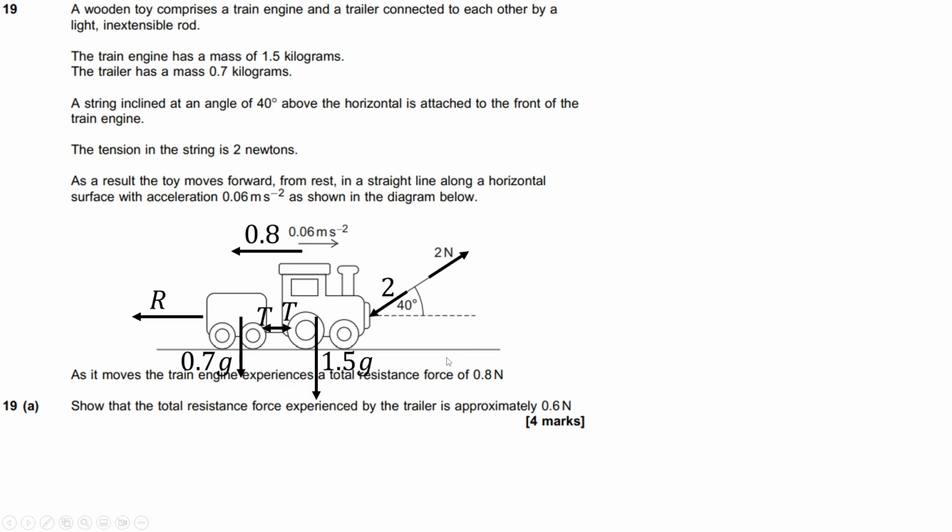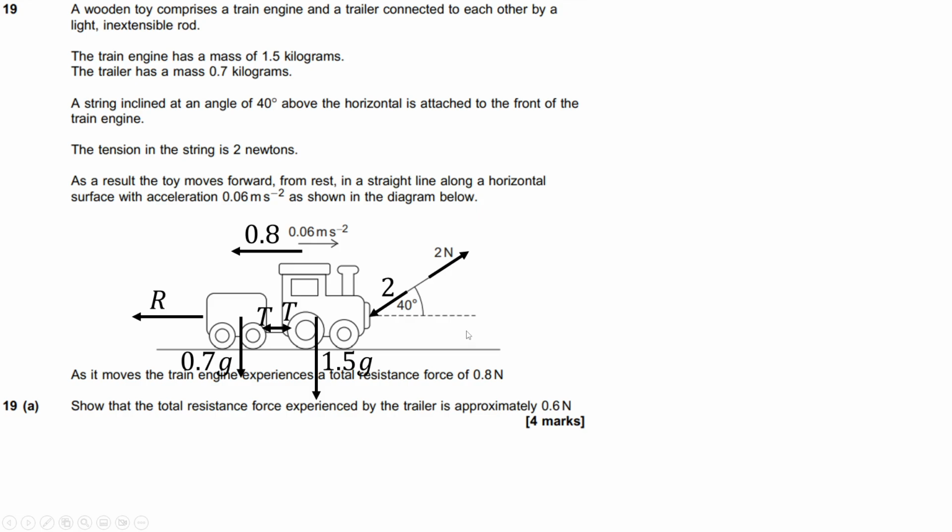So let's resolve horizontally. Horizontally, we've got 2 newtons this way, and I've put 2 newtons this way as well, because it's a rod and the tensions are going to be equal and opposite. If we've got 2 newtons here and an angle of 40 degrees to the horizontal, then this here acting to the right is 2 cosine 40 degrees.